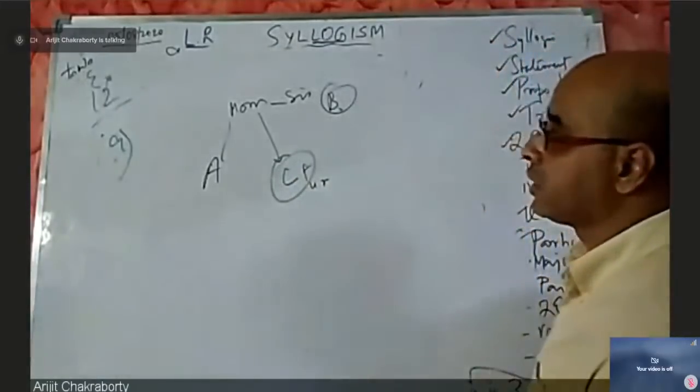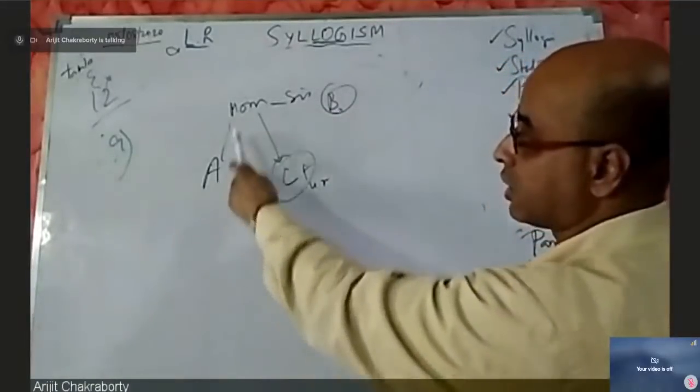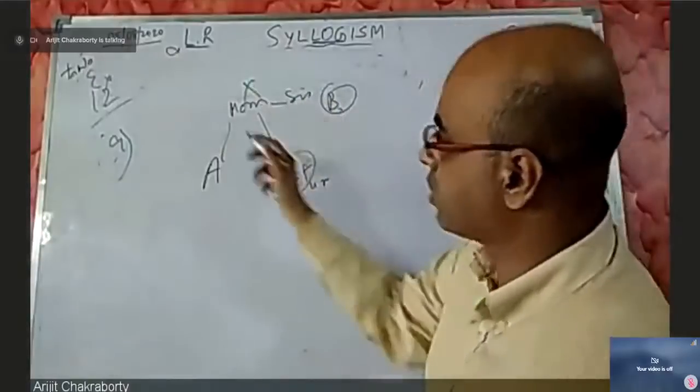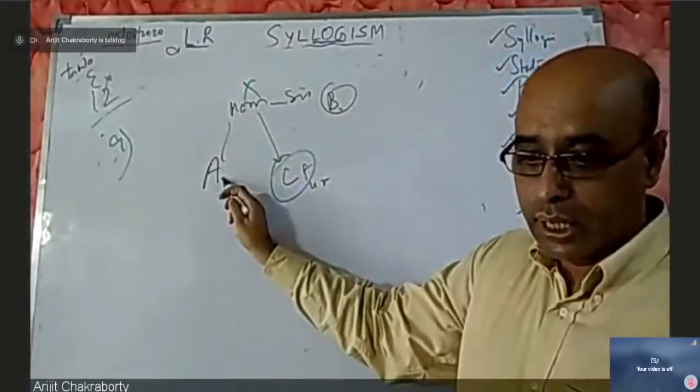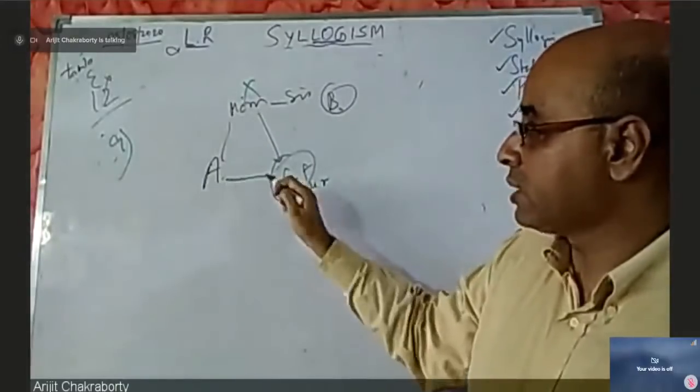Let's call A's mother X. X is A's mother, and at the same time X has a daughter C. So A and C are siblings.